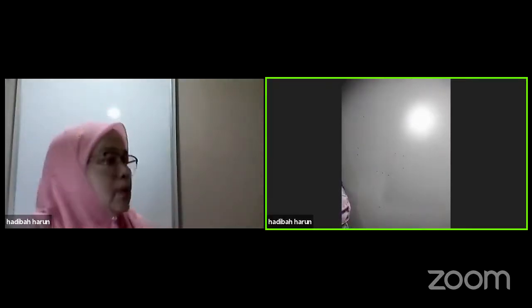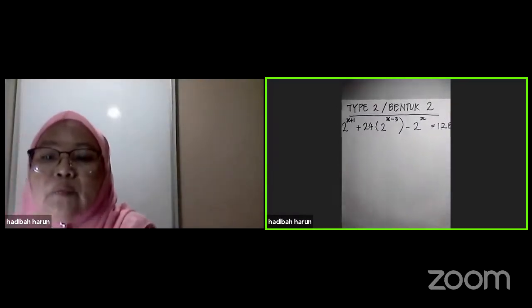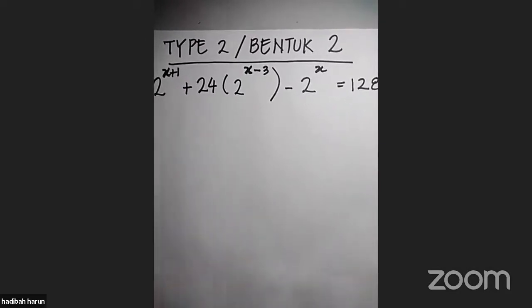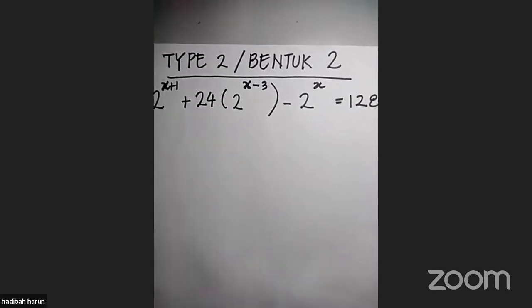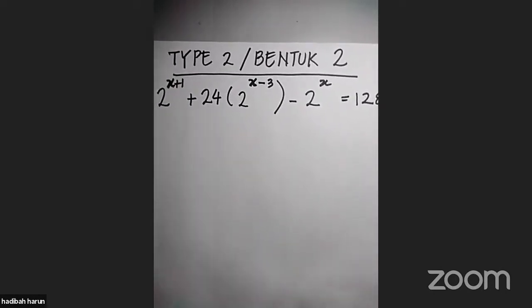Okay, kita pergi kepada bentuk 2. Kita pergi pada type 2, panjang sikit, ada berapa term tu? 1, 2, 3, ada 4 term, ada 4 sebutan. Untuk bentuk 2 ni, walaupun agak panjang, kadang-kadang pelajar pun tak tahu macam mana nak selesaikan.